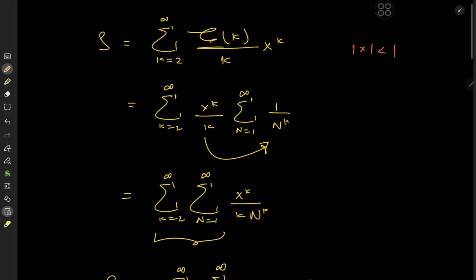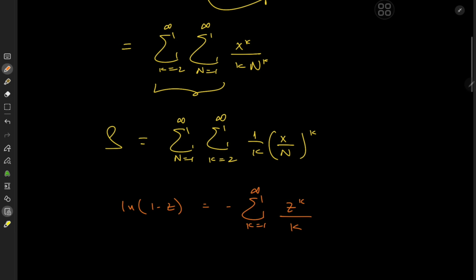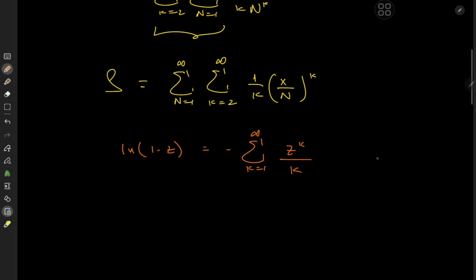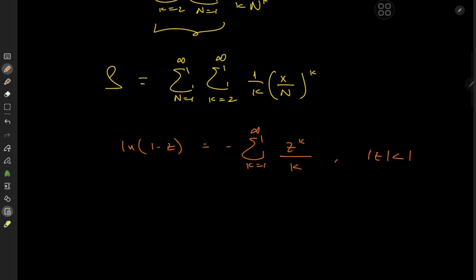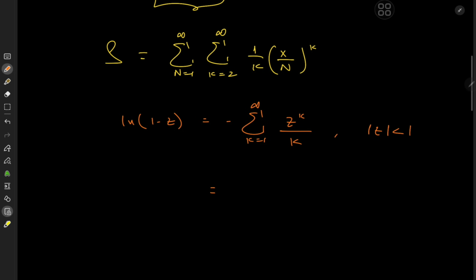And that's the only case where it makes sense, and of course where the series expansion for the logarithm is convergent. So what exactly are we missing here? We're missing the k equal to 1 term from our infinite series. So I'll just separate that out. So we have negative z^1 over 1, so that's just negative z, minus the sum over k from 2 to infinity of z^k/k.